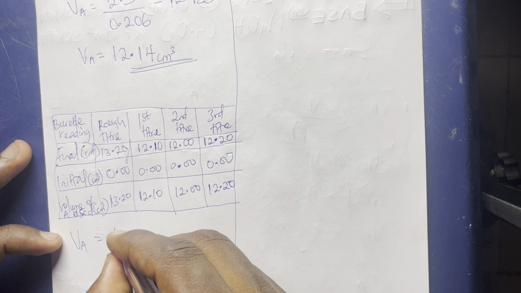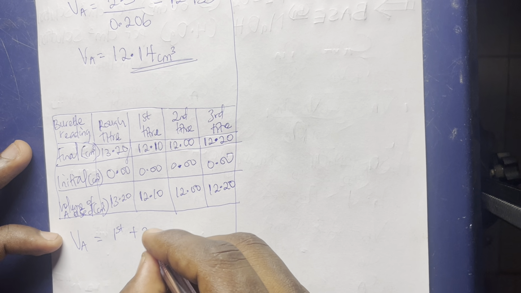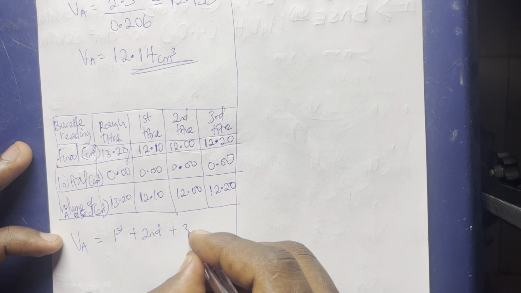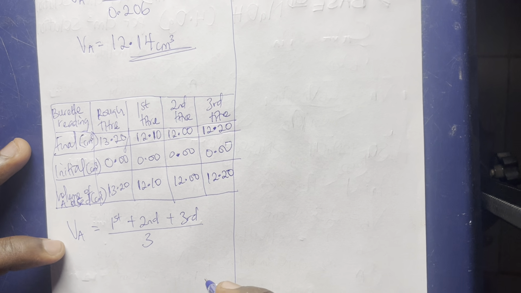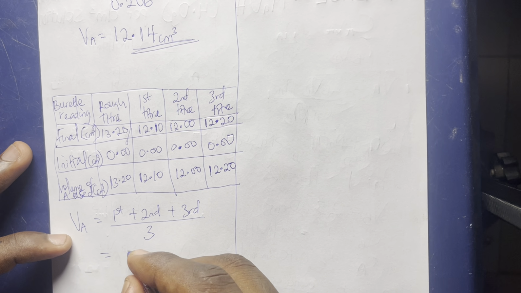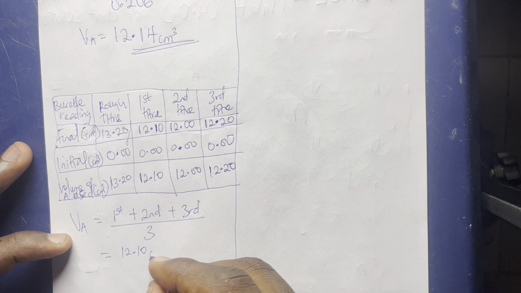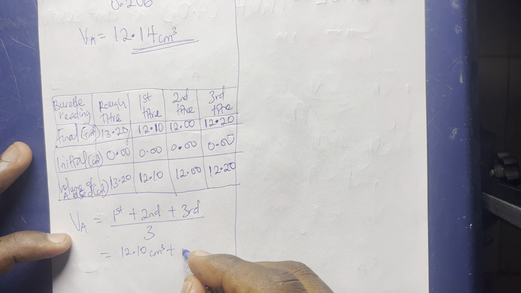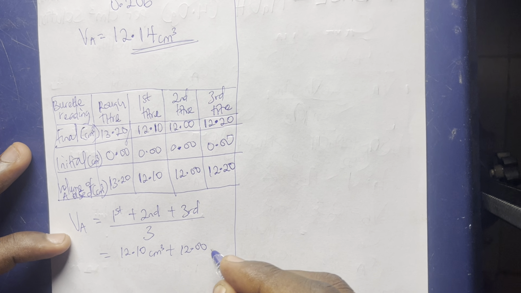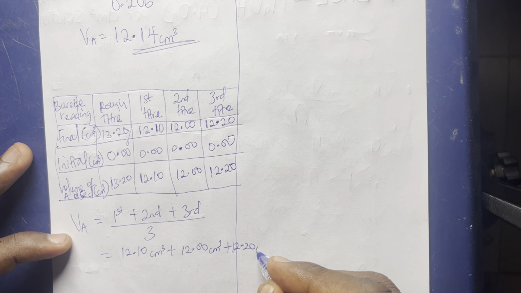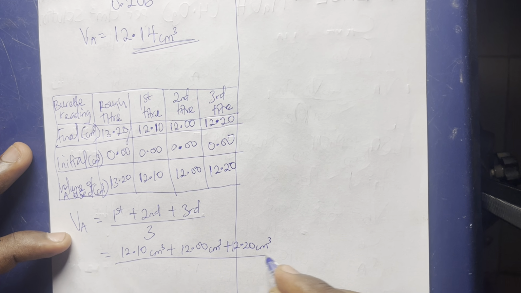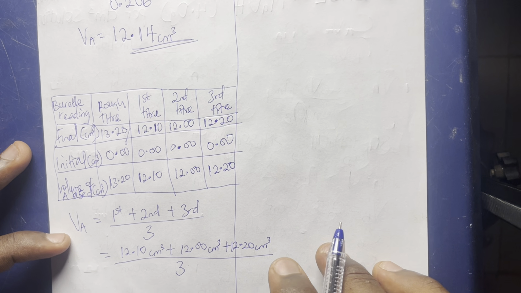If I calculate my average volume of acid used, that will be the first titre plus the second titre plus the third titre all over 3. So that will be 12.10 cm cube plus 12.00 cm cube plus 12.20 cm cube, all over 3.